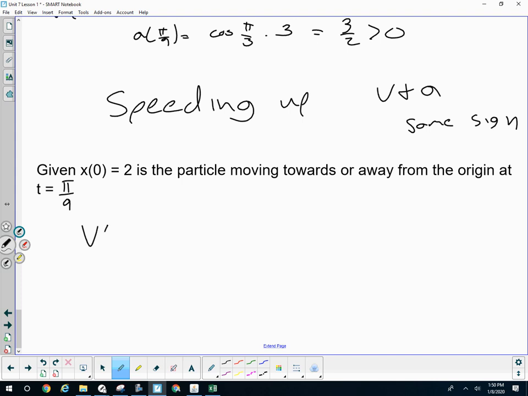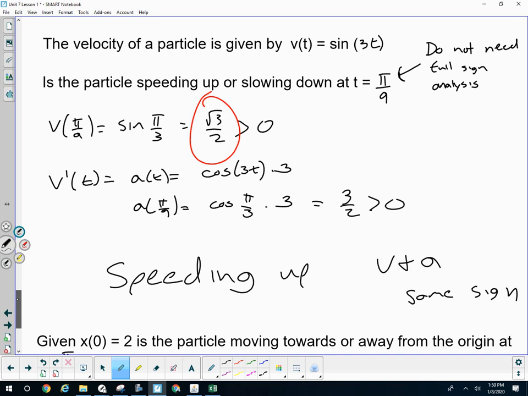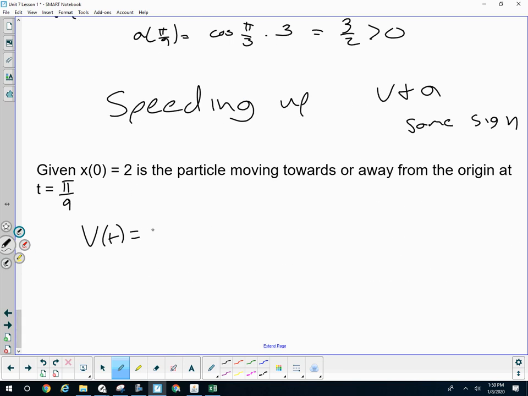Which means I need to take the antiderivative of v, because you were not given x, you were given v. V is sine of 3t. What is the antiderivative of sine 3t? Oh, phenomenal.